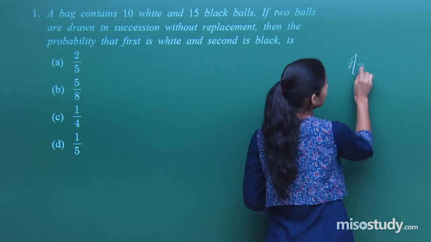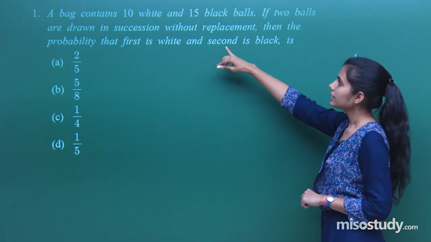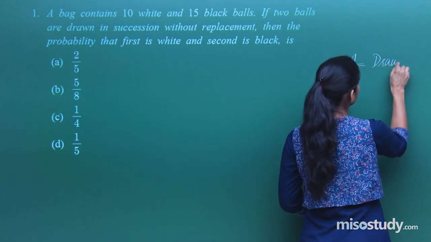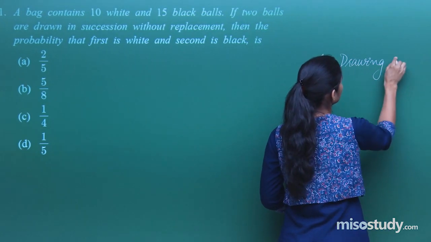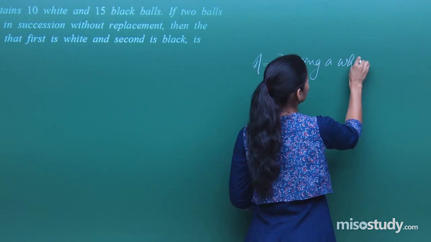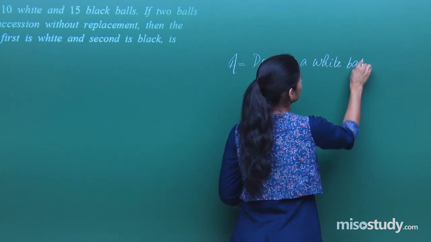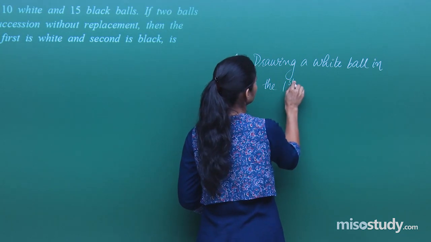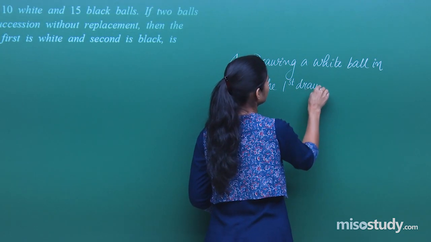If you consider two events, A is drawing a white ball in the first draw. Fine.